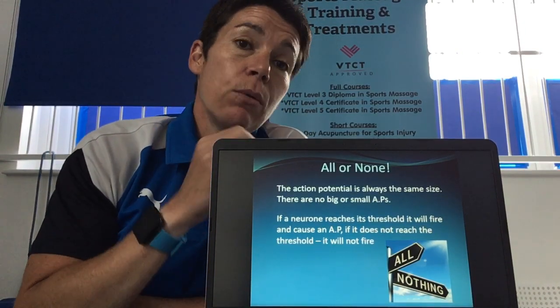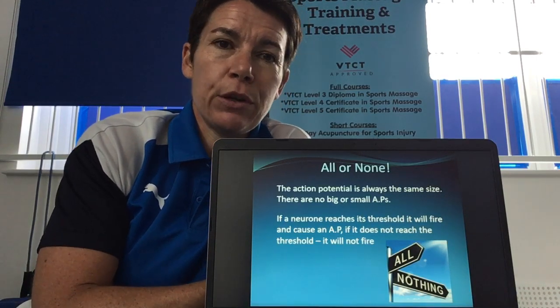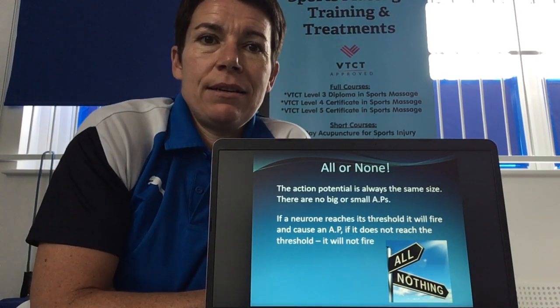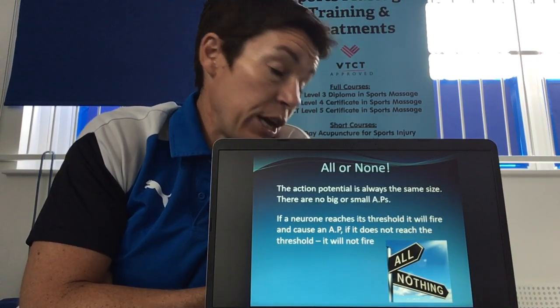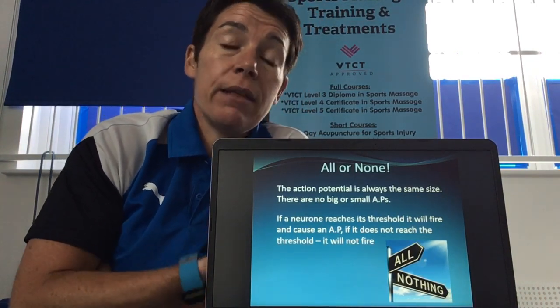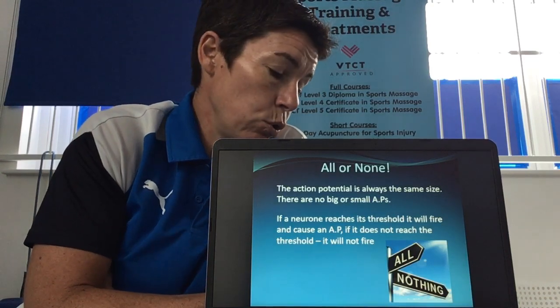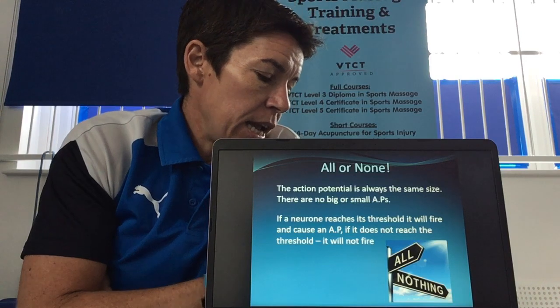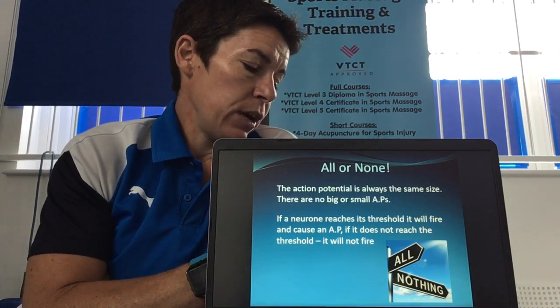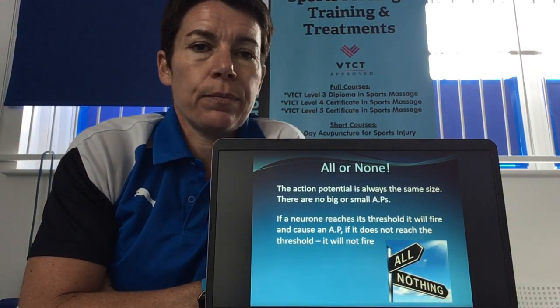If there's enough chemical, it will pass across and will tell the muscle fibre to contract. It will contract at a certain rate. It won't be a huge rate, it won't be a tiny rate, it will be a rate it will contract at, all or nothing. As I said, there's no 50%. If a neuron reaches its threshold, it will fire and cause this action potential.